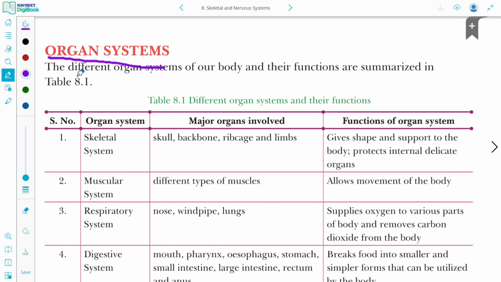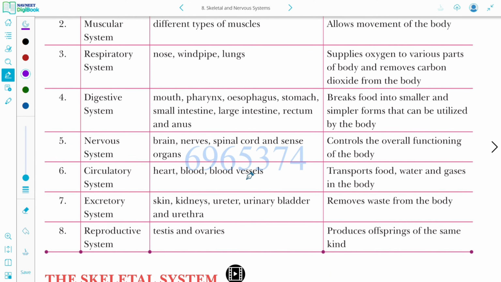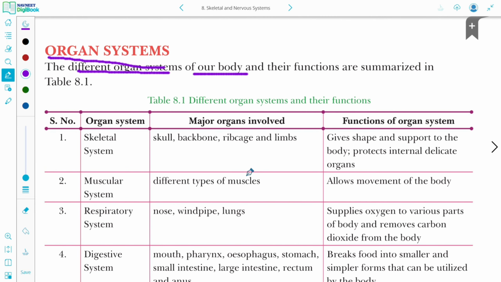Organ system. The different organ systems of our body and their functions are summarized in this table. So there are 8 organ systems which we are going to study in this chapter, their functions and major organs involved. First is skeleton system.